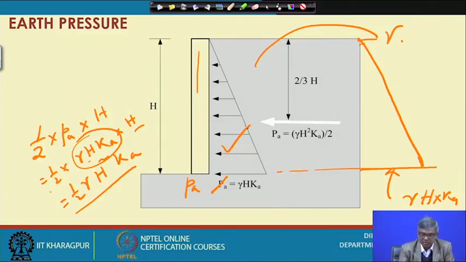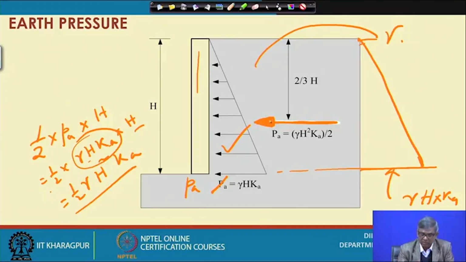So, that thrust, suppose this entire triangular diagram can be expressed by this one arrow. So, this is the thrust. When we convert a triangular pressure to a thrust, it also has to act at a particular point, then only it will be equivalent.